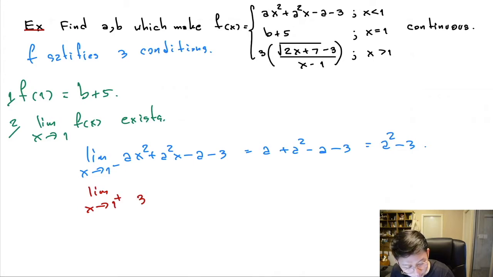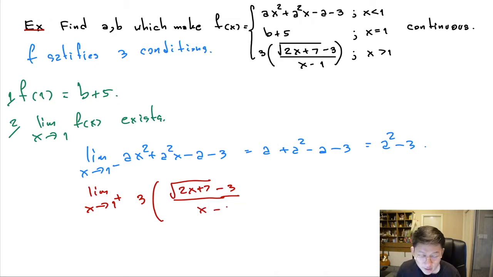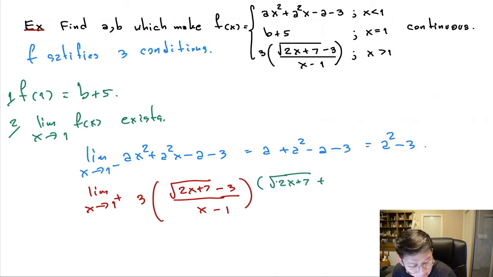the square root of 2x plus 7 minus 3, divided by x minus 1. And then I multiply the numerator and denominator by this guy.